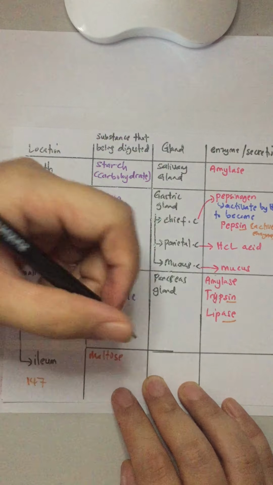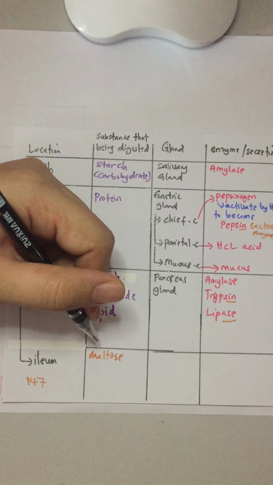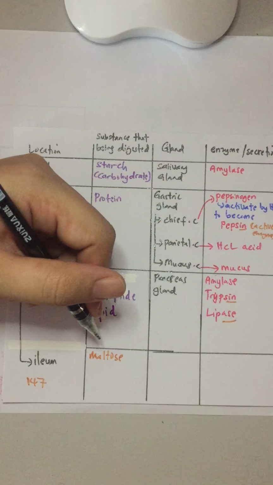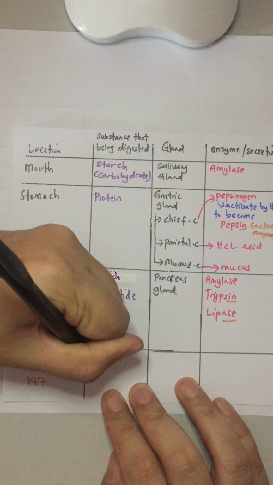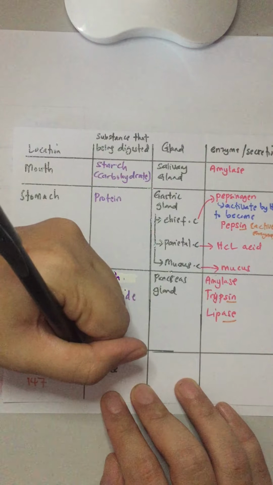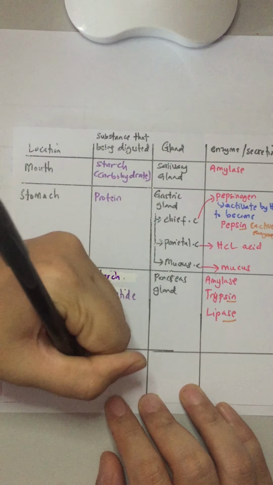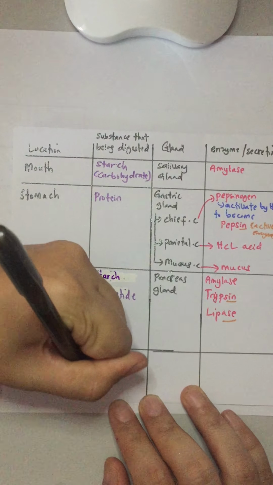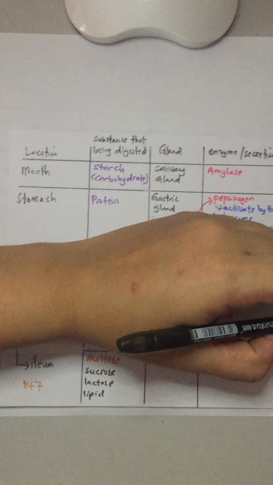Maltose. So I'm using black pen. Okay, maltose. Maltose and then sucrose. Sucrose ni adalah di karbohidrat. Sucrose and lactose. Okay, lagi lipid. Tadi peptide dia belum lagi simplest form kan?